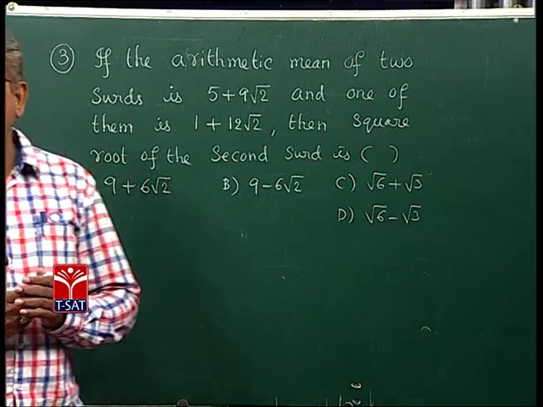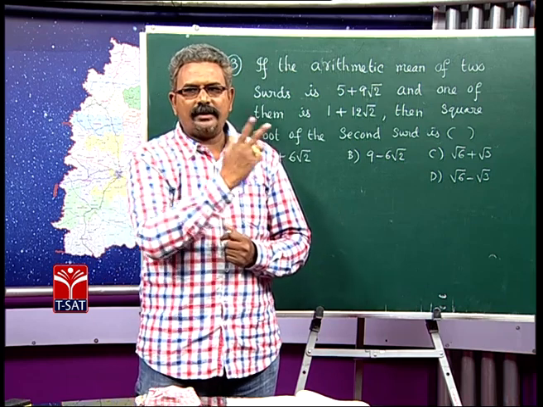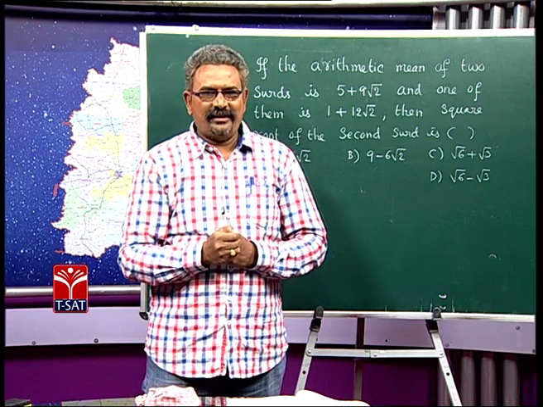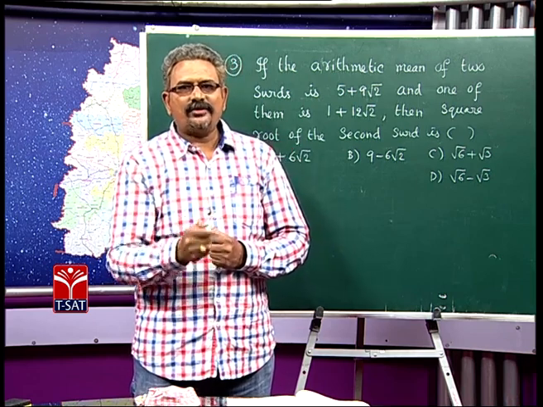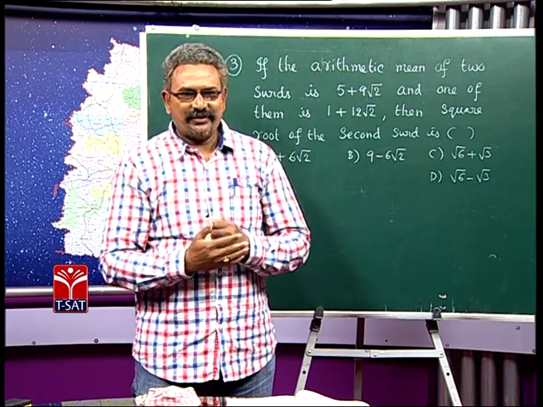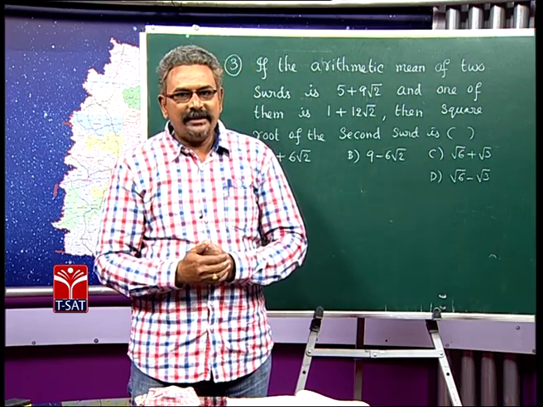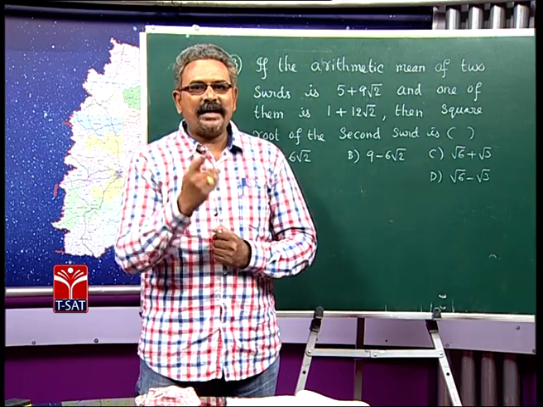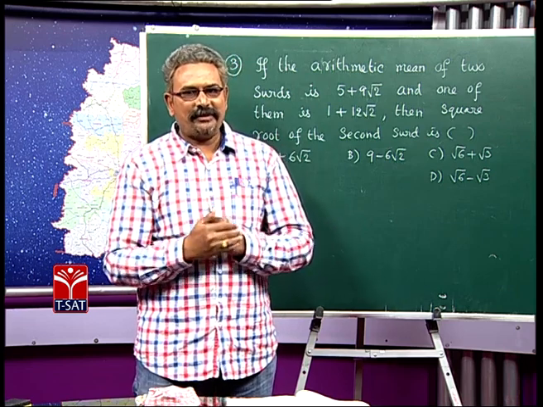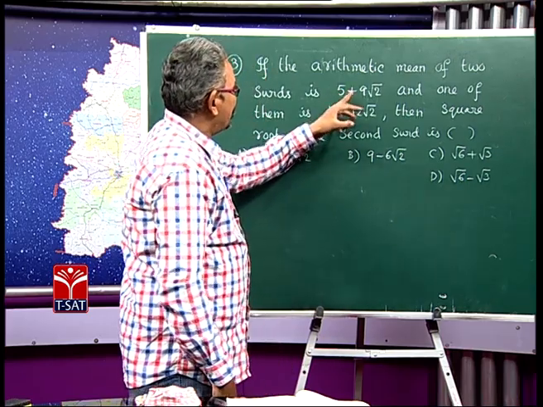That means the arithmetic mean of two surds is given and one of the surds is given. We are asked to find the square root of the second surd. Suppose A is the first surd, B is the second surd, whose arithmetic mean is (A plus B) by 2. Am I correct? That (A plus B) by 2 is given as 5 plus 9 root 2.